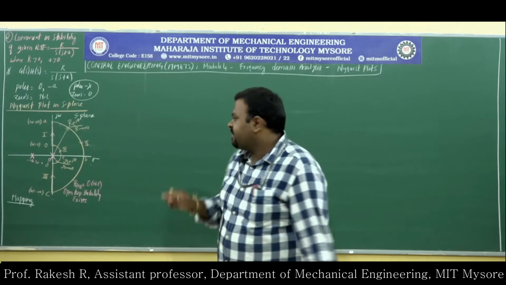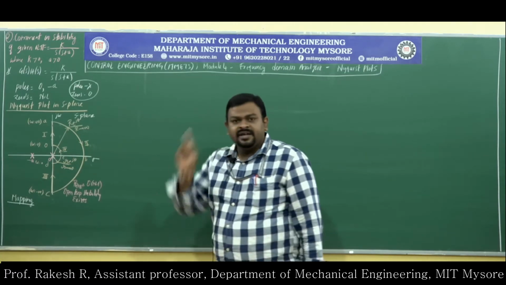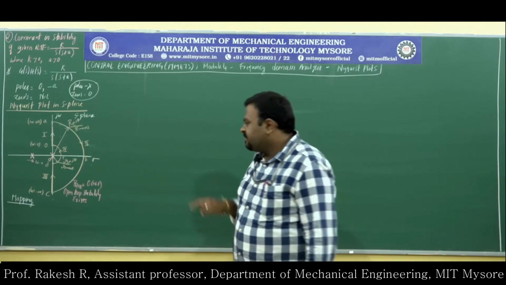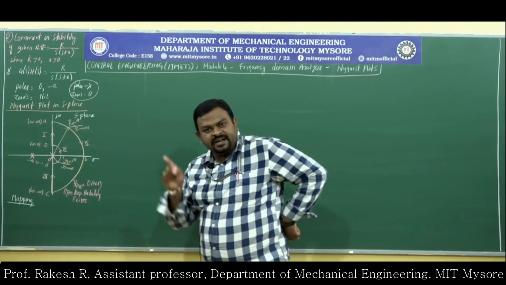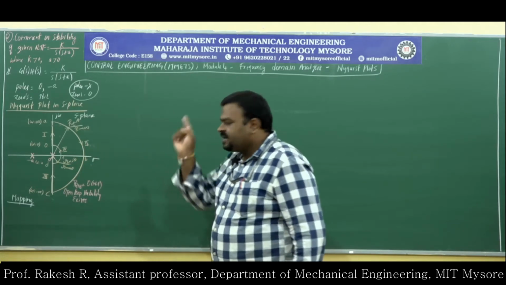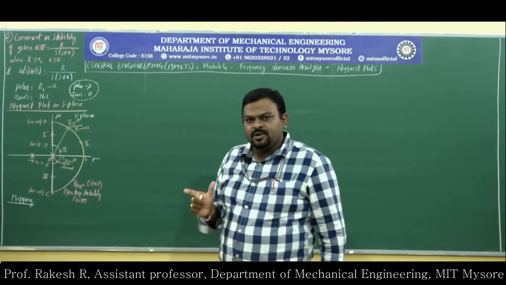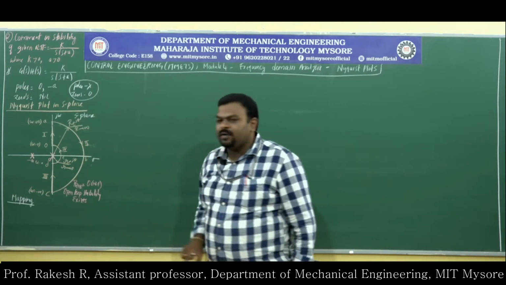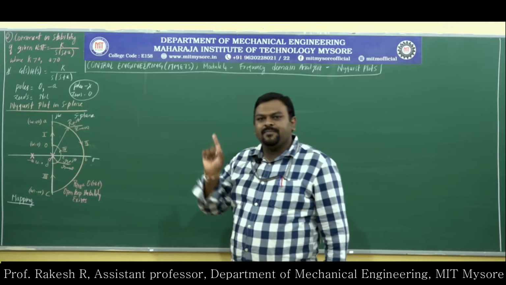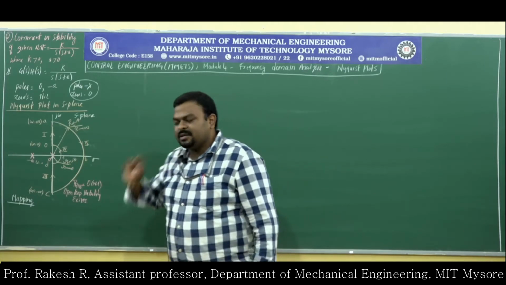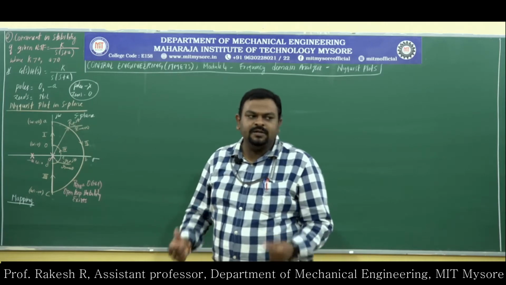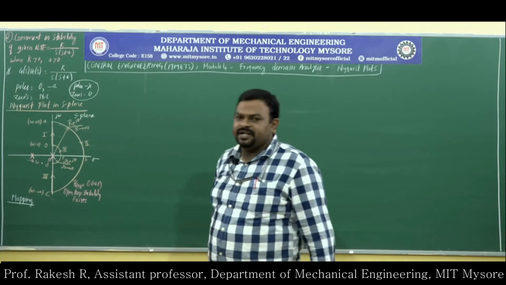Segment 1 OA, segment 2 ABC. ABC is a circular contour, OA is a linear contour, then CD again a linear contour, then DEO is a circular contour. So the intention behind this is that OA is a polar plot, ABC is also a polar plot, CD is also a polar plot, DEO is also a polar plot.